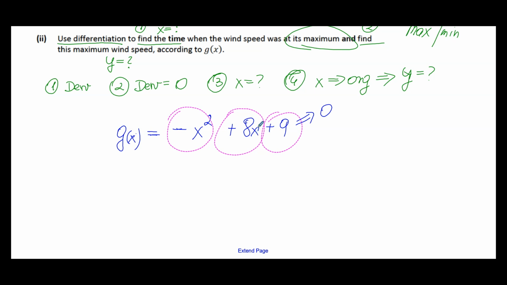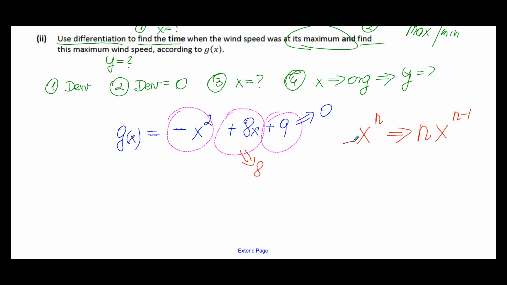Then when you have x with no power, or we can say power of 1, the derivative of that will be what? That number that stands beside x, in our case 8. So the only thing we are applying is the formula that is in our table, and the formula is saying when you have x to the power, how do you change that? You take that power in the front, followed by x, and then that power minus 1. So my power of 2 will go down by 1, will become power of 1.